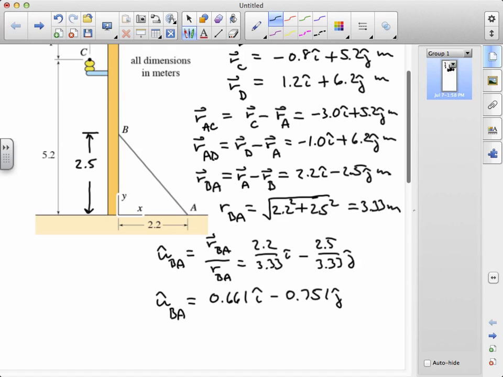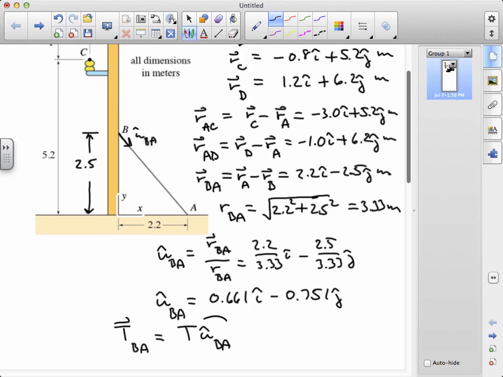The force exerted by the tension on the pole is aligned with this unit vector from B to A. We would represent the force exerted by the cable on the utility pole as a tension force from B to A is equal to a tension magnitude that's not yet known times the unit vector that points from B to A.